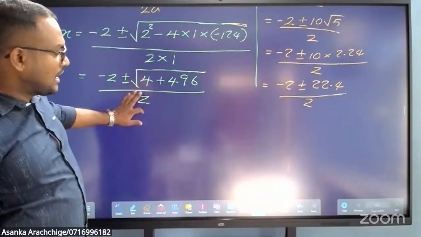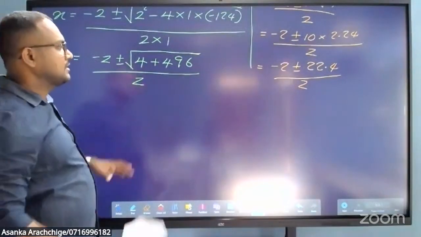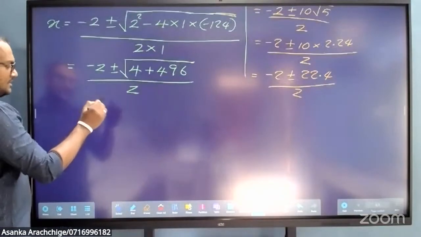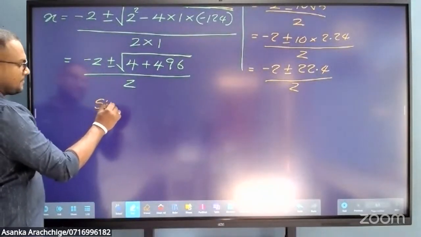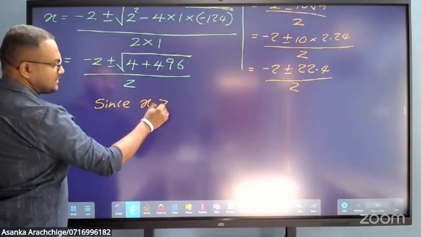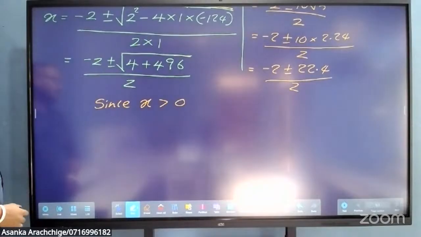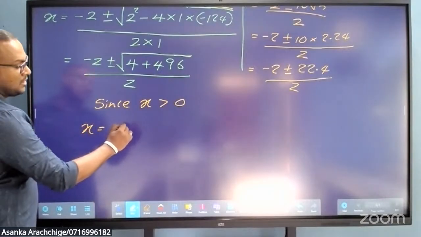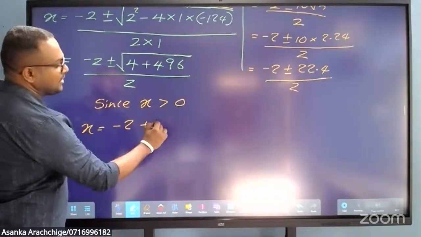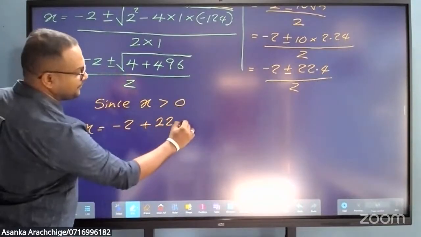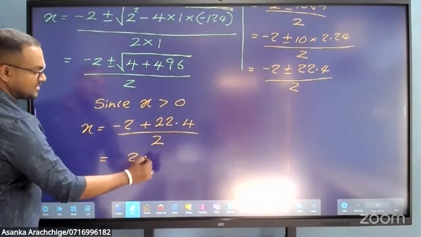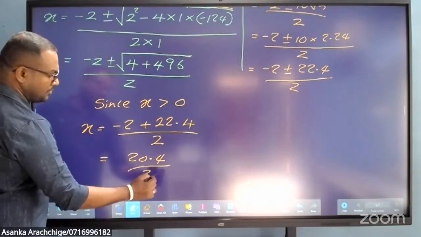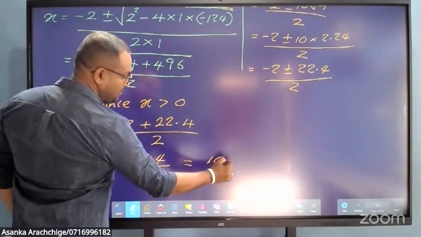Now you can say, since x is greater than 0, x must be equal to minus 2 plus 22.4 upon 2, which means 20.4 upon 2, which is 10.2.